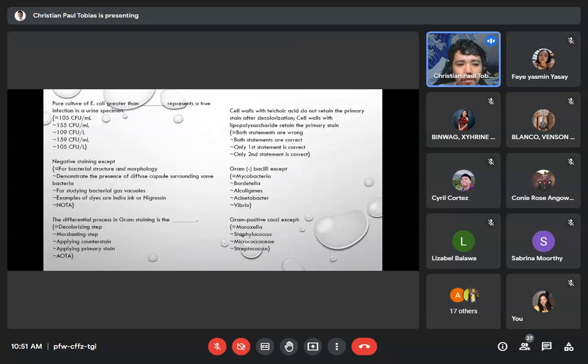Okay, pure culture of E. coli greater than 10^5 CFU per ml. The succeeding choices there, I'll just skip. So, negative staining except bacterial structure and morphology. What makes this wrong?